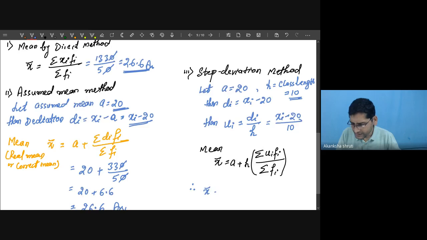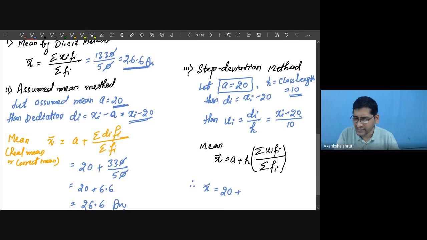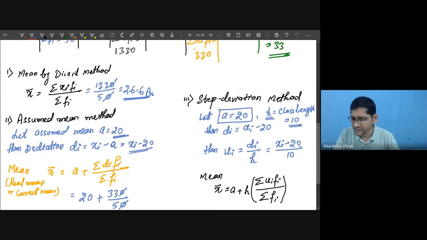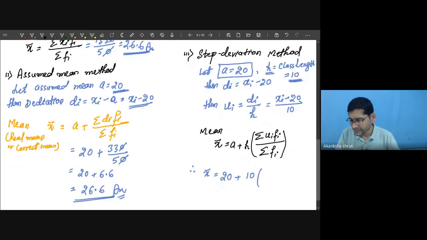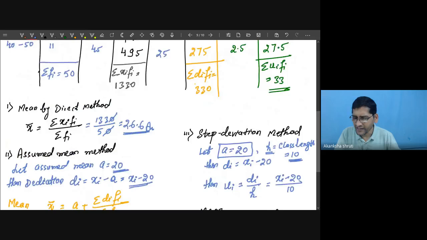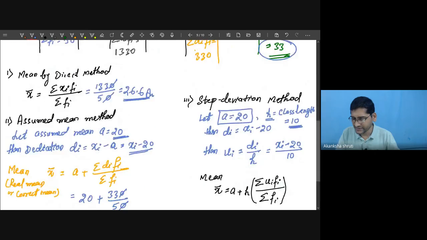Therefore the required mean in this case is obtained by the assumed mean, which is 20, so substitute 20 here, plus the h we are taking here, which is 10. Okay, class interval 10, but the calculation of ui fi is 33.